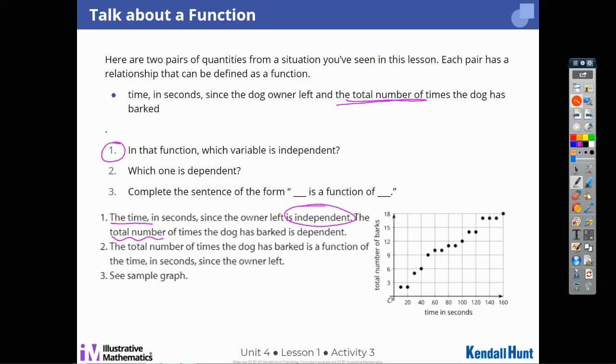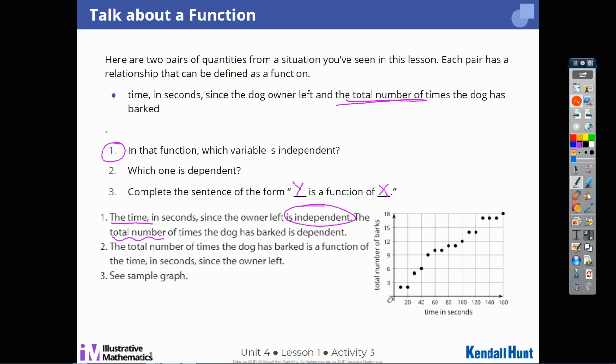So always think of it as your y variable is a function of your x, or your dependent variable is a function of your independent variable, is another way that you can think of it after you figure out what your independent and dependent variables are. Okay, and here's a graph of what that might look like.